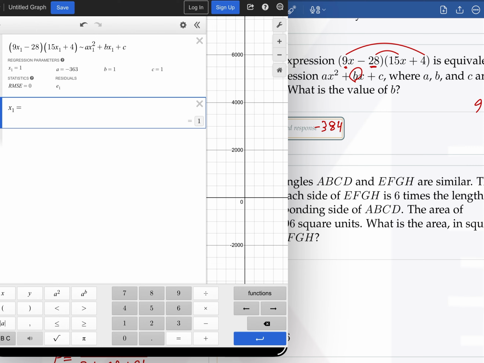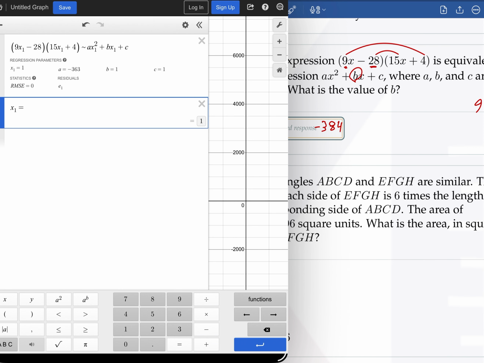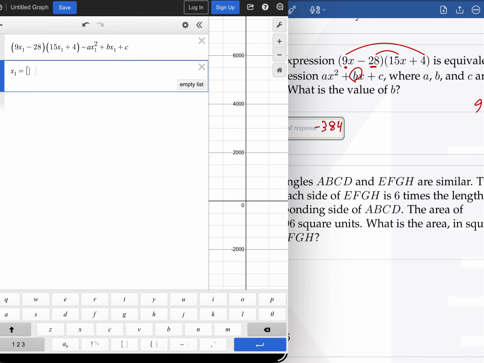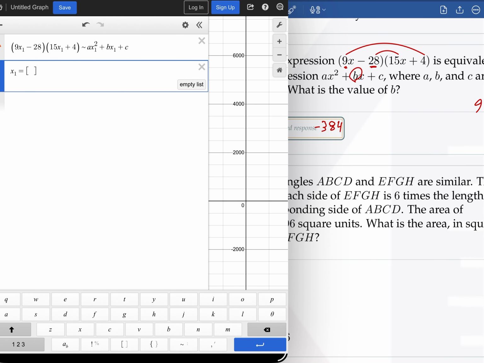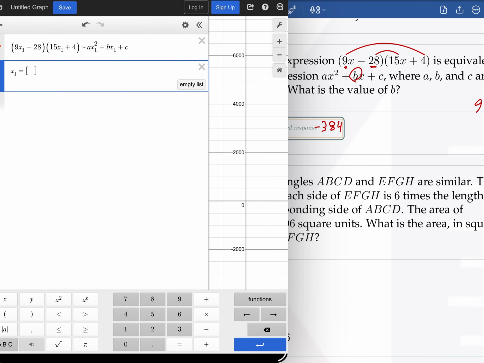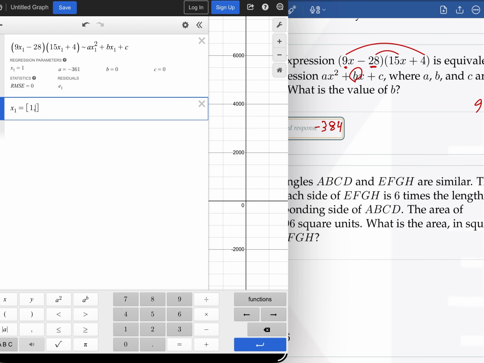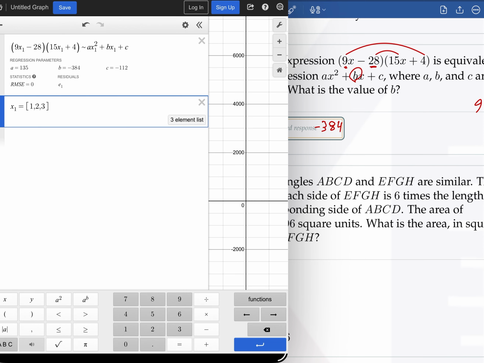This list can be written inside the square brackets like these. And inside we write three numbers, any three different numbers, like 1, 2, and 3. And now we get the value of A, 135, the value of B, negative 384, which we are looking for. And now the value of C is negative 112.